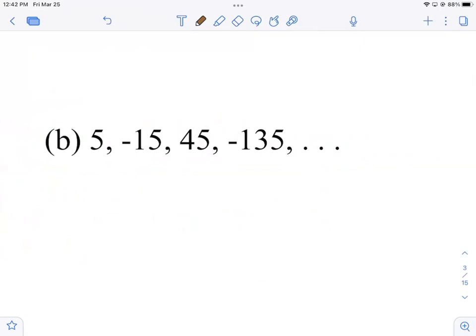Negative 15? No. So no. Hey, well, if it doesn't work by subtracting to get the common difference, what about trying division? Right? What's negative 15 divided by 5? Negative 3. What's 45 divided by negative 15? Negative 3. Yeah. So on and so forth.